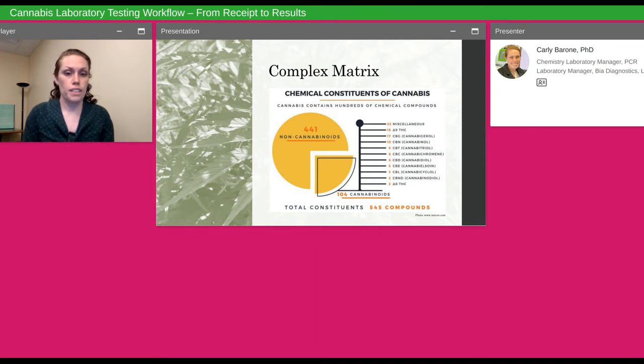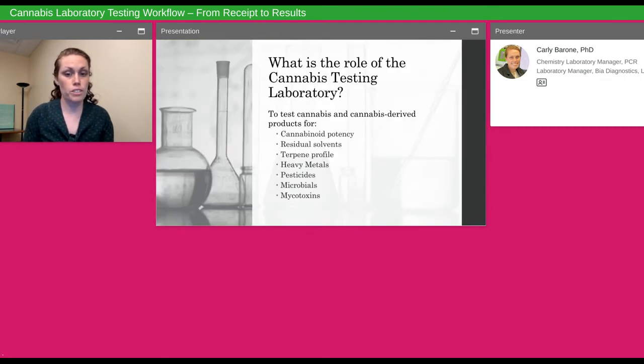So while cannabis is an extremely complex matrix, and we see a whole slew of different matrices in the laboratory, we also need to not only look at cannabinoid potency, but we're looking at a list of contaminants as well. So these include residual solvents, terpene profile, heavy metals, pesticides, microbials, and mycotoxins.